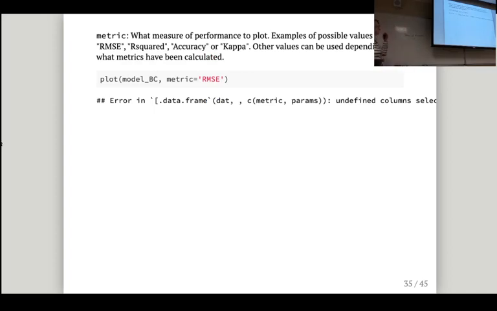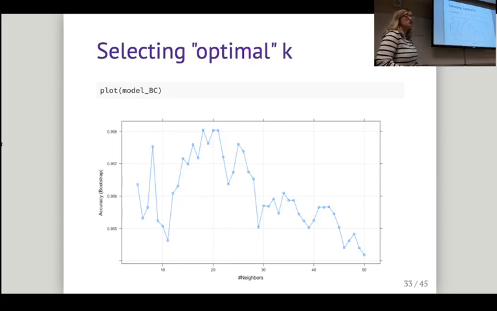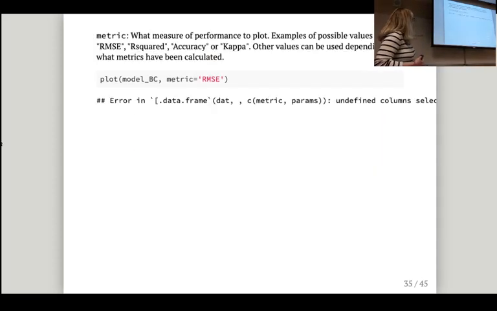Anytime we're evaluating a model, we should consider the effect of the metric, how our measure is actually related to the accuracy. If K is the same for both metrics, awesome. If K is not the same for both metrics, we might dig a little deeper. The other options that are built in here are something called RMSE and R squared. For example, if I try to plot the result of this classification measure using RMSE, I get an error.